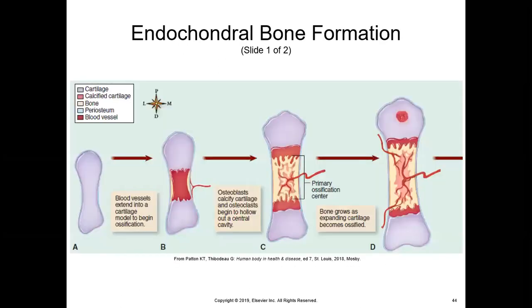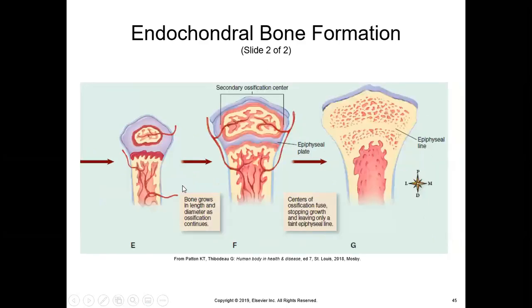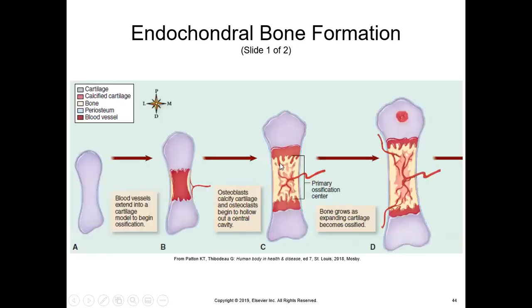This just shows that you start out with cartilage, and it starts with the diaphysis. The cartilage becomes calcified, and then from the calcified cartilage it turns into bone.